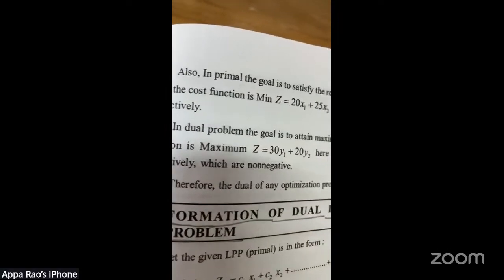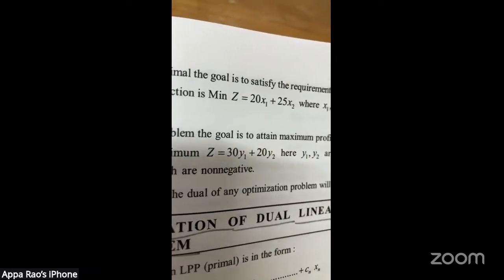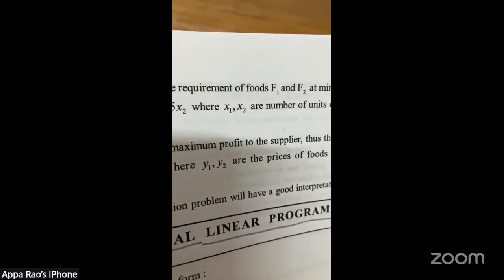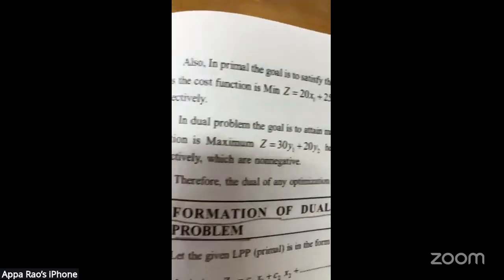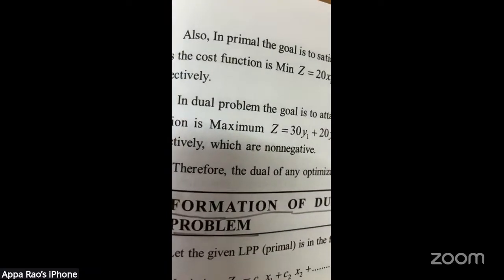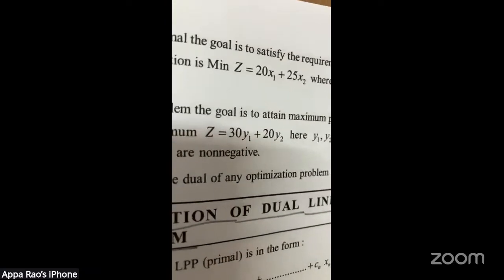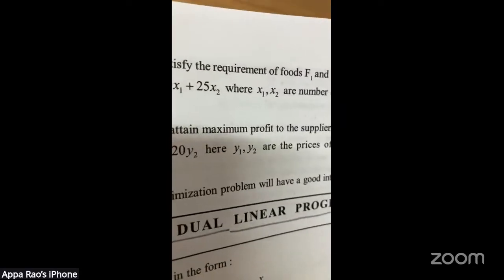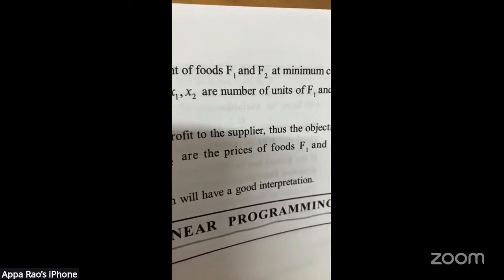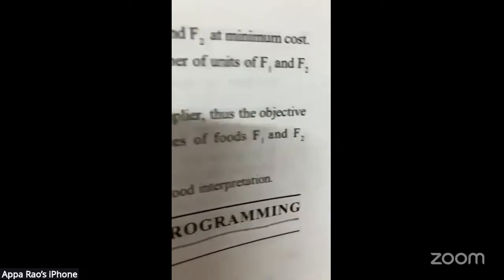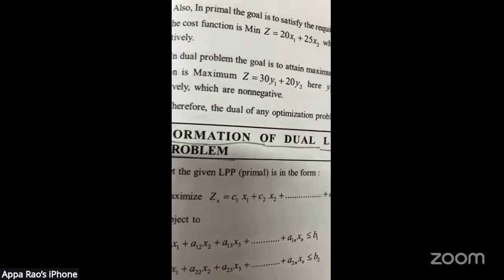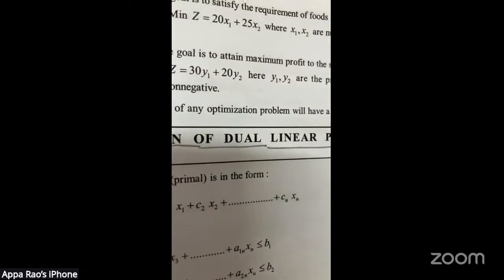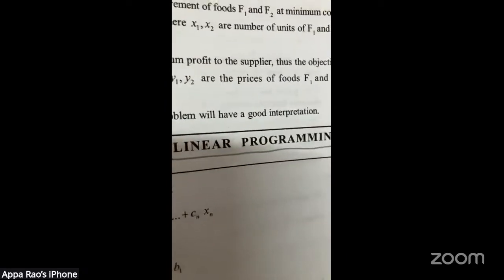In the primal, the goal is to satisfy the requirement of foods F1 and F2 at a minimum cost. Thus the cost function is Z equal to 20x1 plus 25x2, where x1, x2 are the numbers of units of F1 and F2, respectively. In the dual problem, the goal is to attain maximum profit for the supplier.